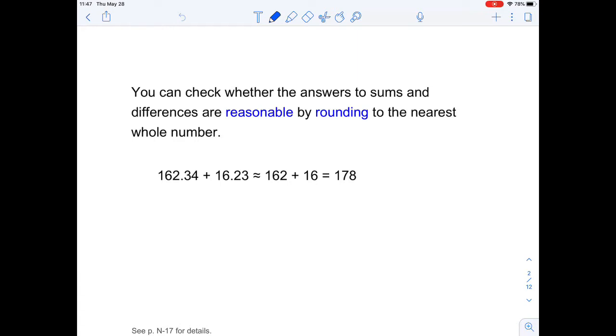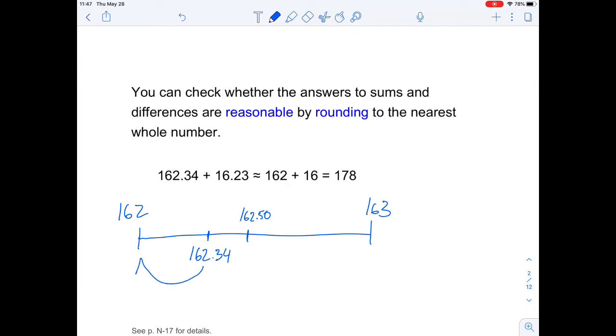And if it was on a number line, here we would have $162. Here we would have $163. Right in the middle, we would have $162.50. So 162.34 would probably be about here. And we see that it is closer to $162, and so we round down.